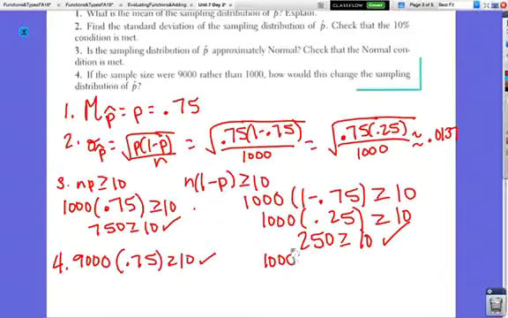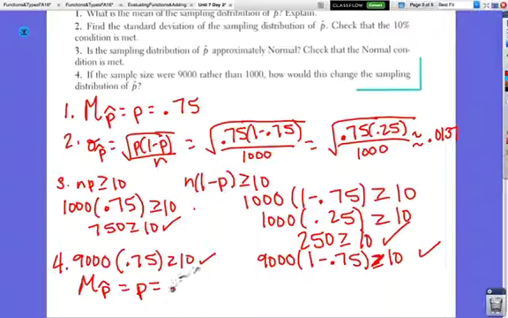And 9,000 times 1 minus 0.75 is greater than or equal to 10. And that's definitely going to work, which means that it would be approximately normal. And because it's approximately normal, the mean of p hat would be equal to the probability of a success, which in this case would be 0.75.